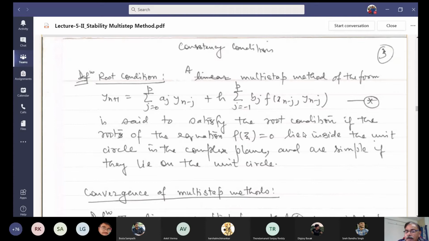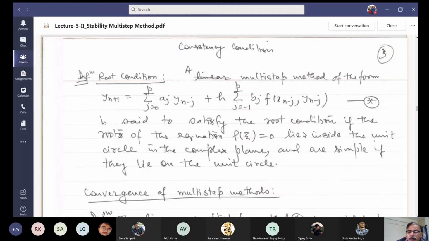What is the meaning of this? Unit circle is what? Its radius is 1. So it is your lambda h plane, let us say h bar. So a lambda h plane is there, right?